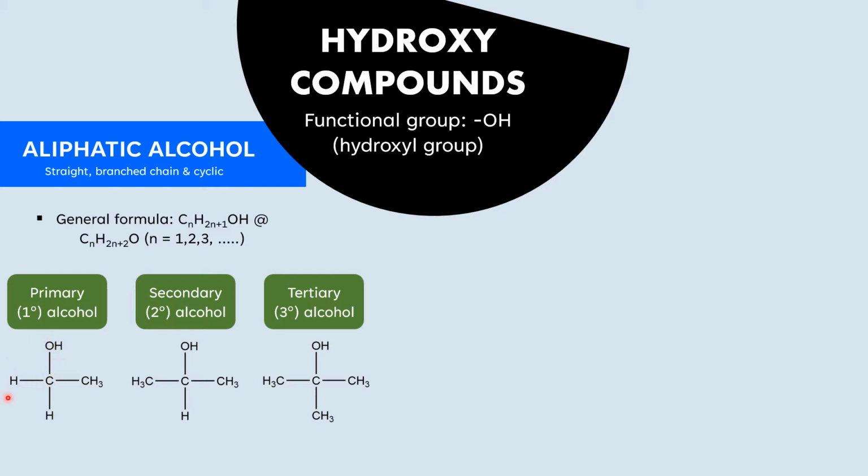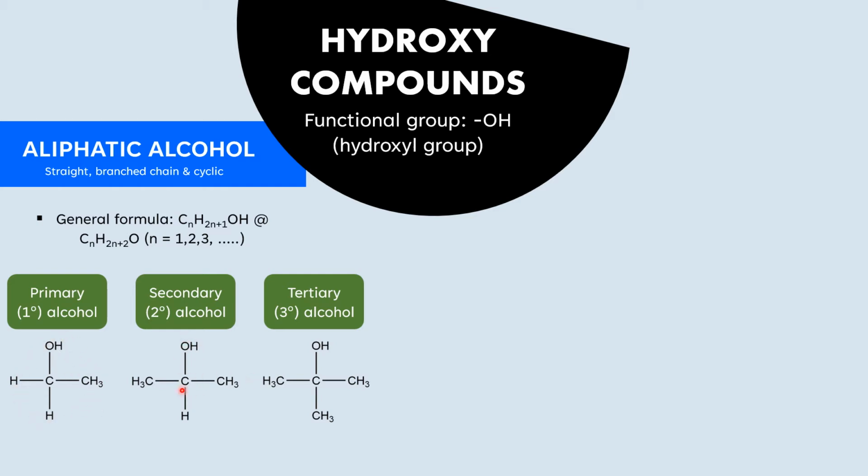Before you classify this alcohol, at first you have to classify the carbon atom yang directly bonded to the OH dahulu. As in this example, this carbon is bonded to one carbon yang lain. So carbon ini adalah primary carbon. So the hydroxy that bonded to primary carbon, the whole alcohol here will be classified sebagai primary alcohol.